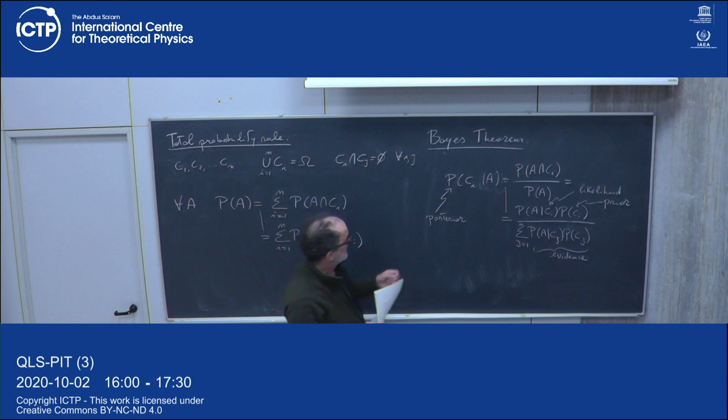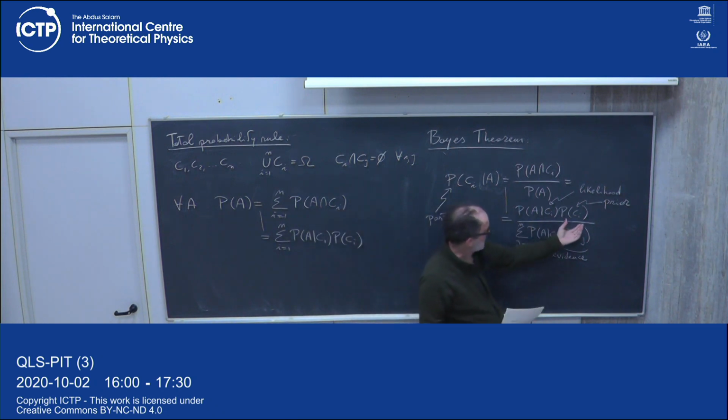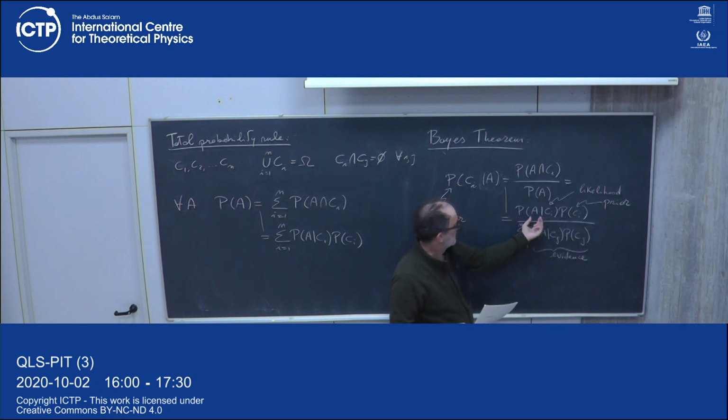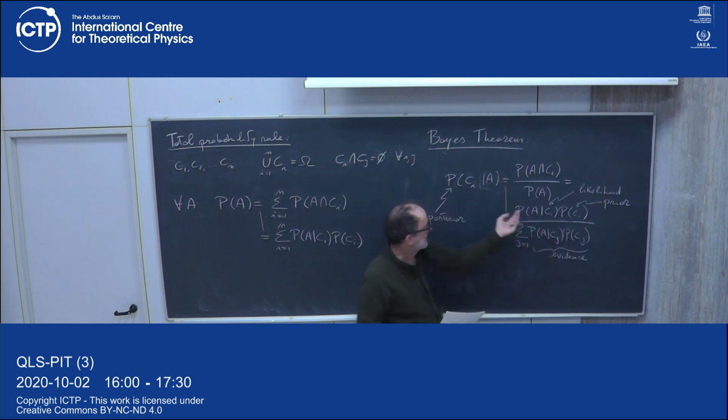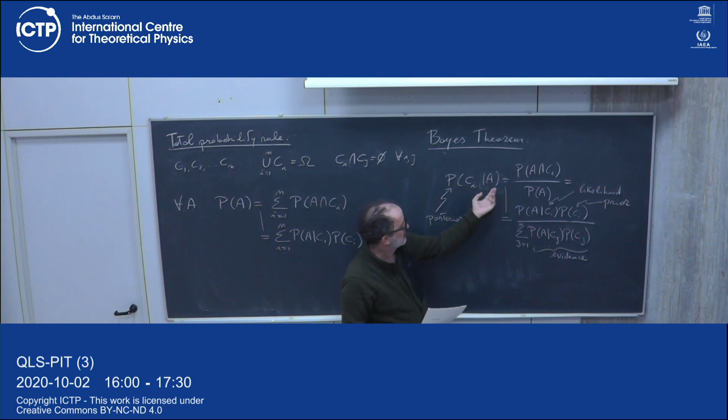You have a prior assessment of the probability of Ci, then you observe the data, or the occurrence of an event A, and this modifies your probability about Ci, because you have observed A.